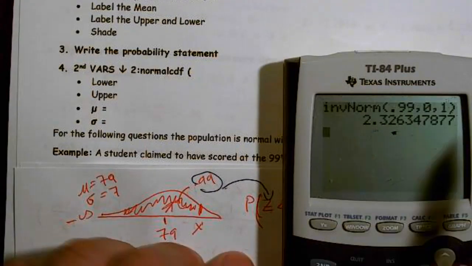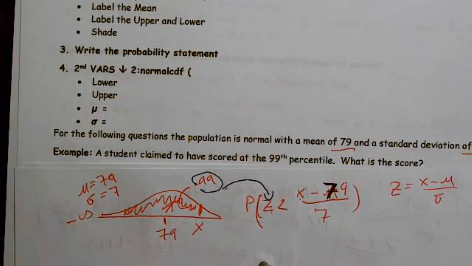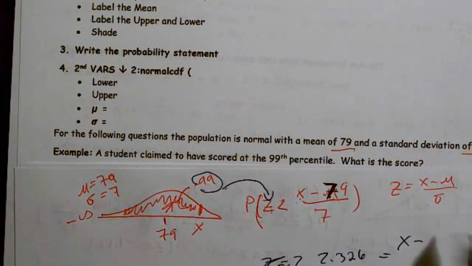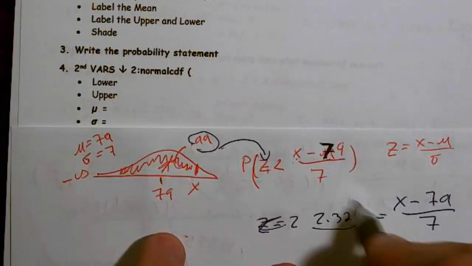And I end up getting 2.326. So I now have z equals 2.326 equals x minus 79 over 7. Well, I need to show this z-score, so I need to do that step.